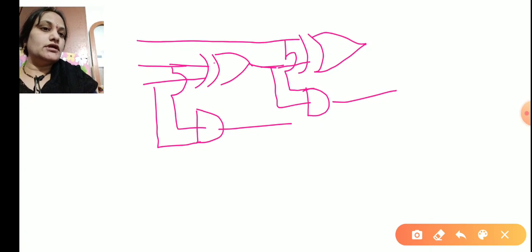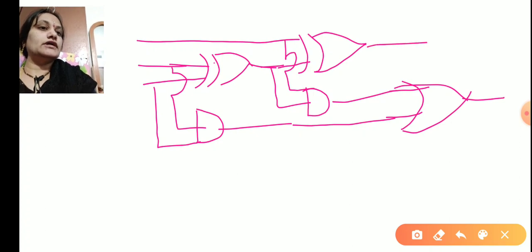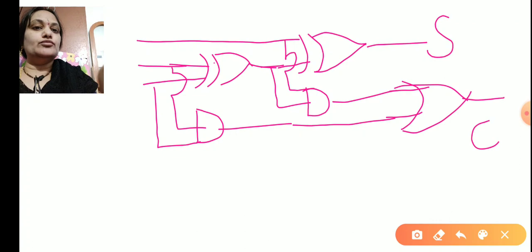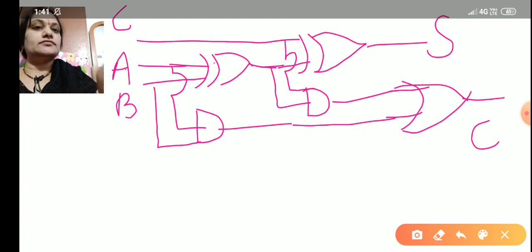Now the outputs of these two AND gates will be connected to an OR gate. This is sum, this is carry, and the inputs are A, B and C.